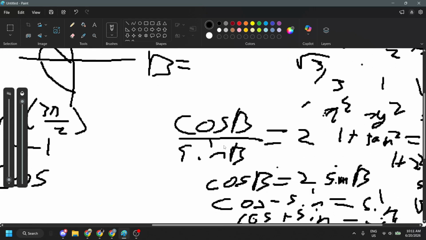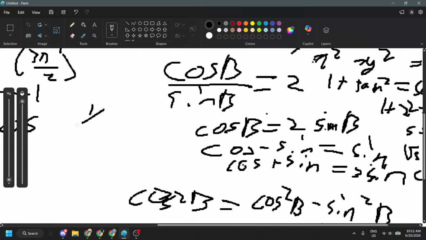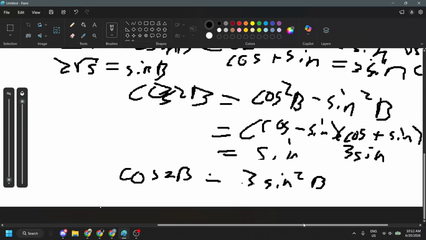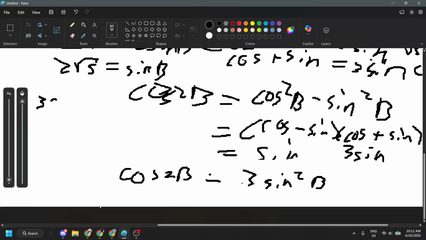Okay, so here we put 1 over root 5 is equal to cosine of B, which is also equal to 2 sine B. Divide by 2, we get 1 over 2 root 5 is equal to sine B. So what we need is 3 sine squared B, which is 1 over 4 times 5, times 3, so it's 3 over 20.